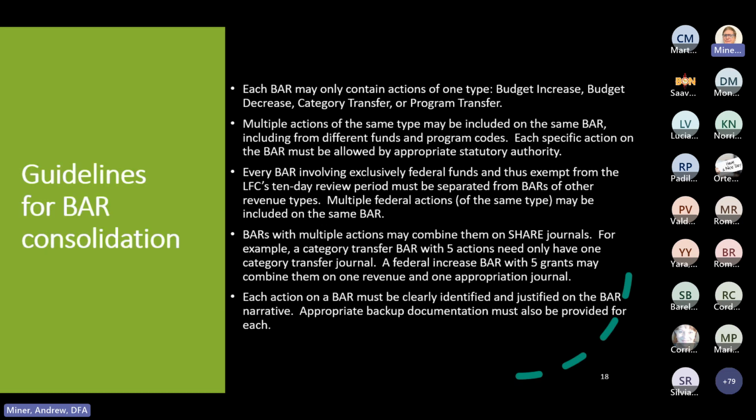We're a staff of 10 plus me. So that was a lot. And we wanted to try to come up with some clear guidelines that would maybe allow agencies to consolidate BARs and combine actions onto the same BAR so that you didn't have to submit quite so many.